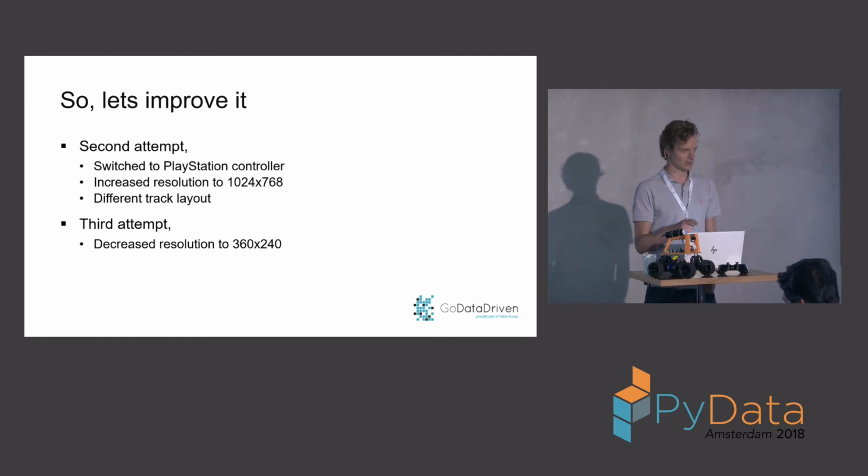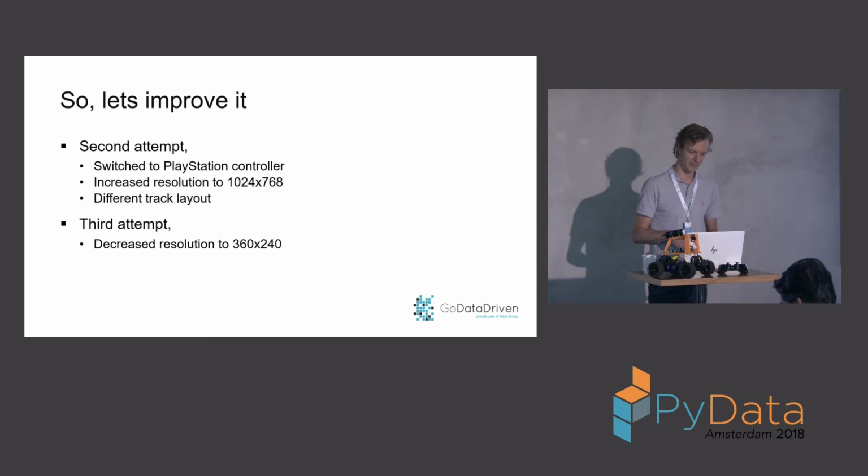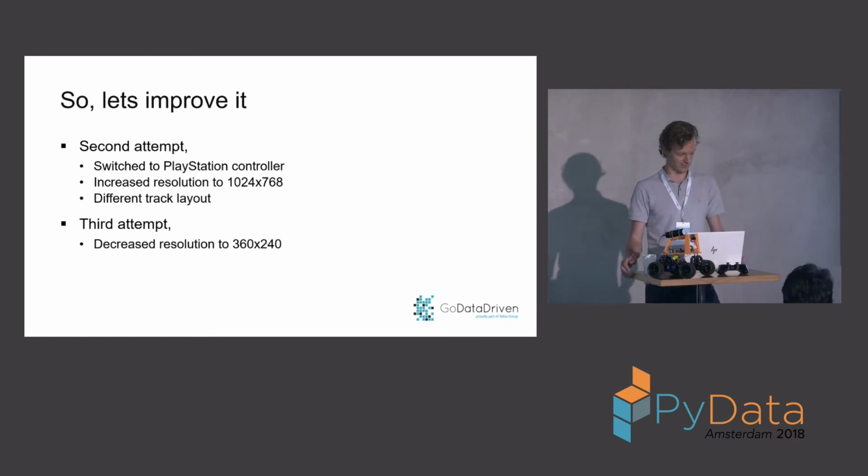We bought the PlayStation controller because training it with the built-in gyro was really difficult. So we switched to the PlayStation controller, increased the resolution, more data is what you want. And we also changed the track layout because we needed a bigger track.